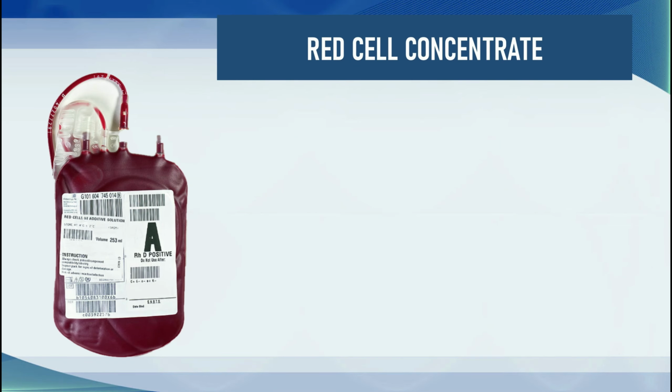Now, most of you are familiar with this product. This is red cell concentrate. When you give blood, you give whole blood and it's separated into its component parts, and the red cells are concentrated and suspended in a small amount of plasma. These cells are still metabolically active. They're alive, but they're cooled down and stored for several weeks.